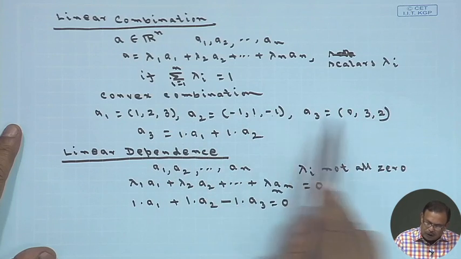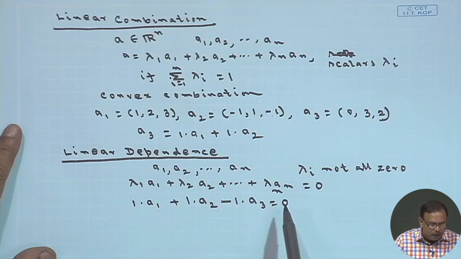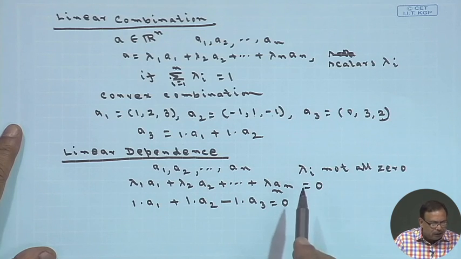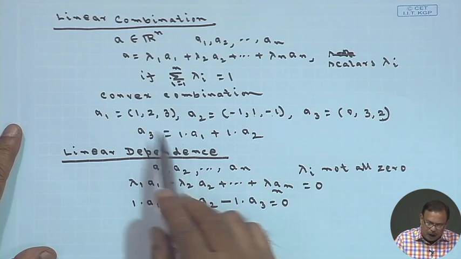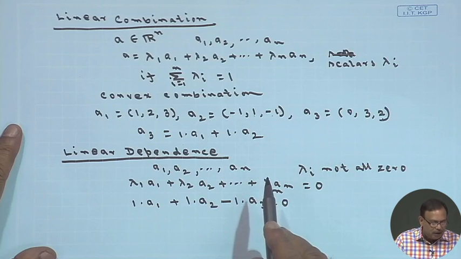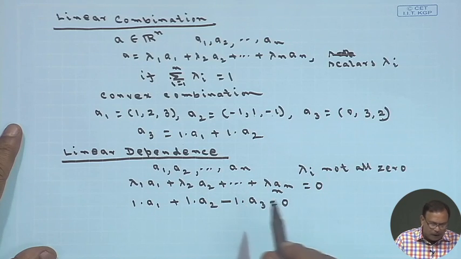Similarly, 3 minus 1 is 2, minus 2 is 0. So this is 0. Therefore, we can say that these vectors A1, A2, A3 are linearly dependent.